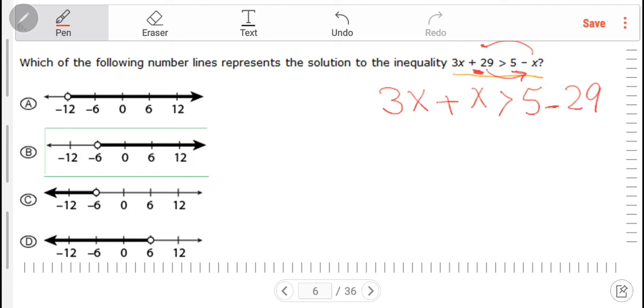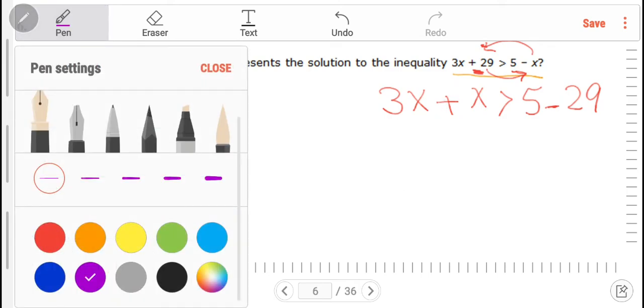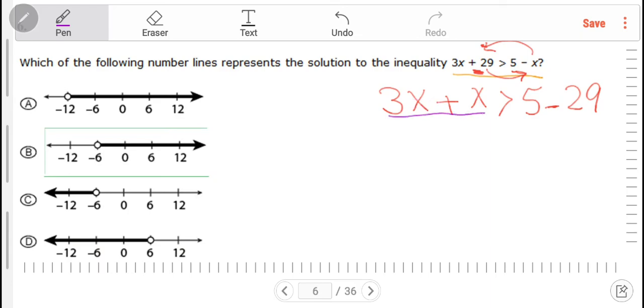Negative x on the right-hand side becomes positive x on the left-hand side. We can combine the like terms: 3x and x, 4x greater than 5 minus 29, which means 29 minus 5. 9 minus 5 is 4, so it's 24, but it's negative.